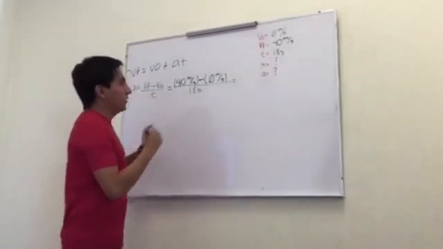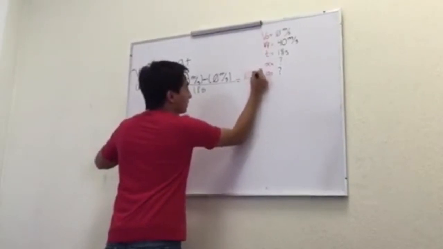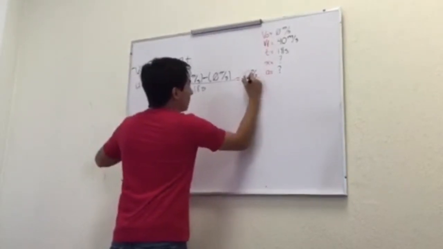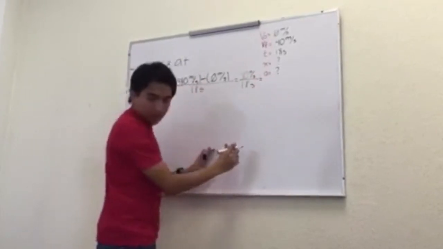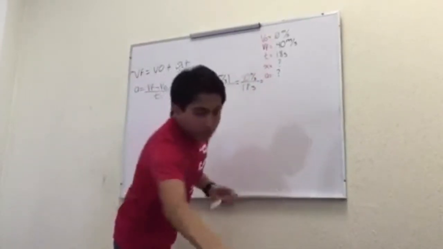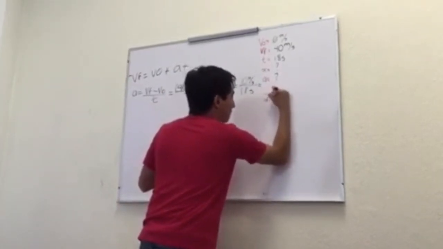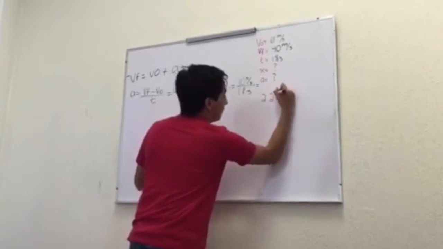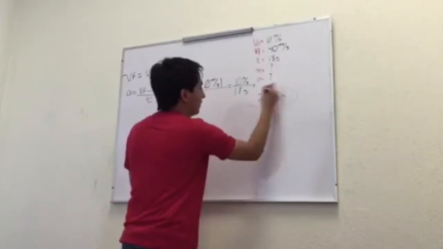The division is 40 meters per second over 18 seconds. The result is 2.2 meters per second squared, and this is the acceleration.